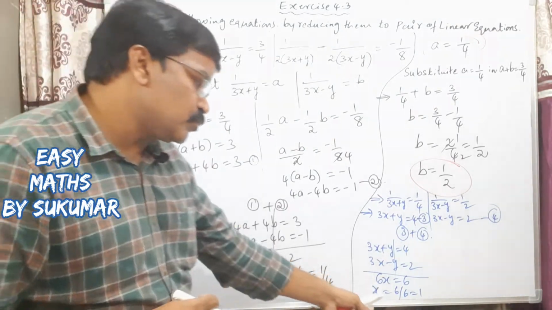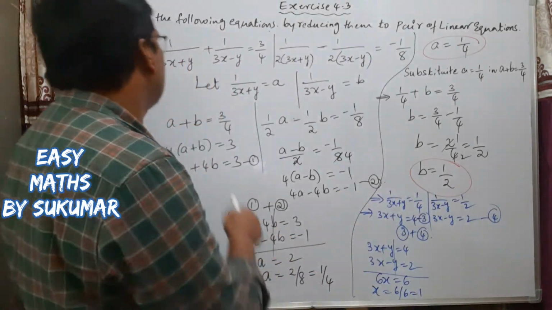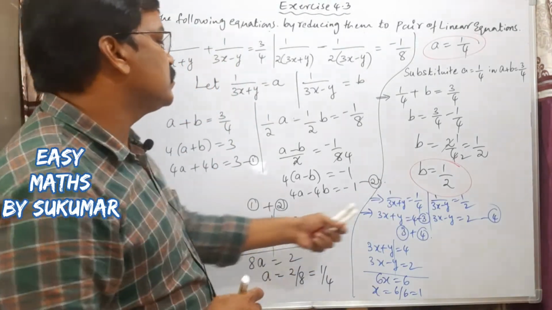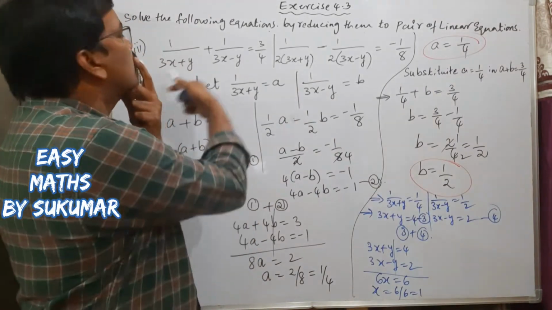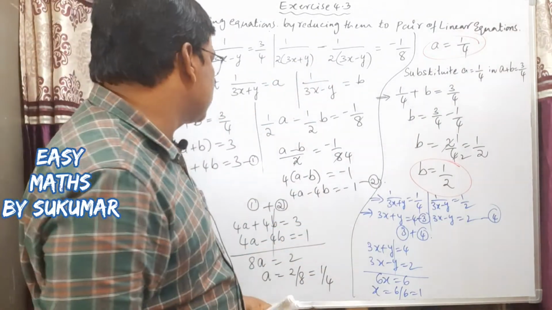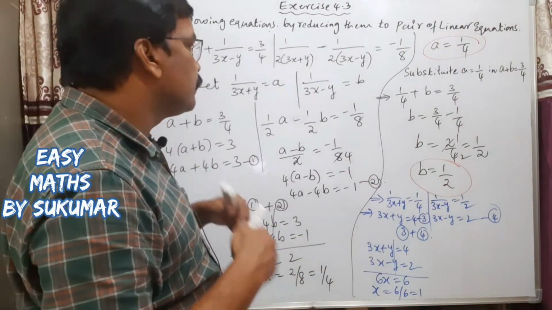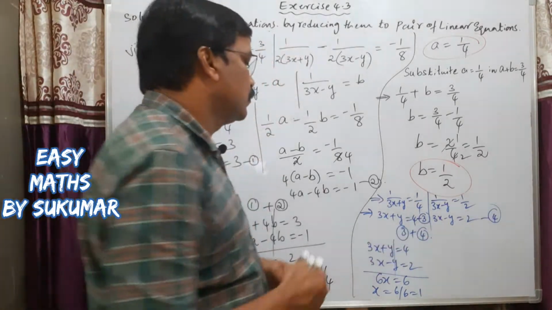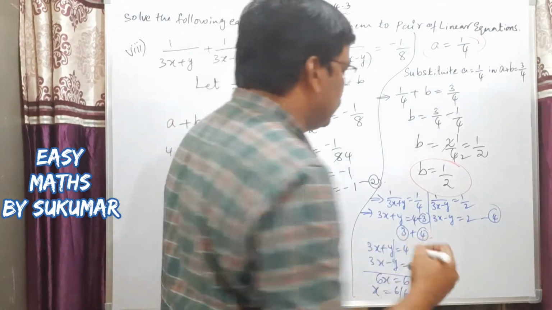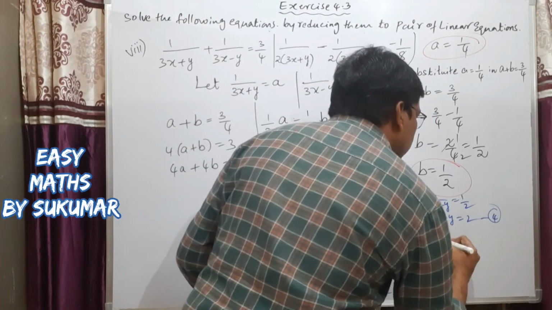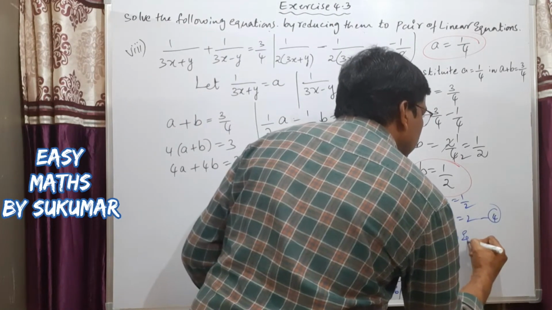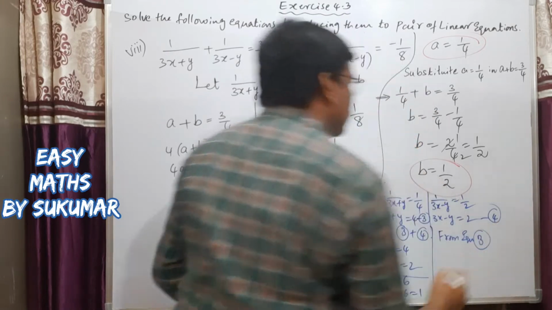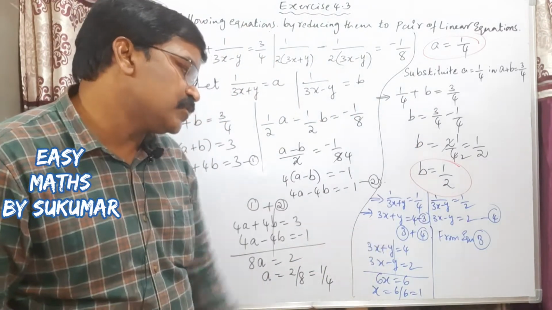Now just substitute this value of x is equal to 1 in any one of the equations. It is better to substitute in equation 3 or 4. Right, from equation 3, what is equation 3? 3x plus y is equal to 4.